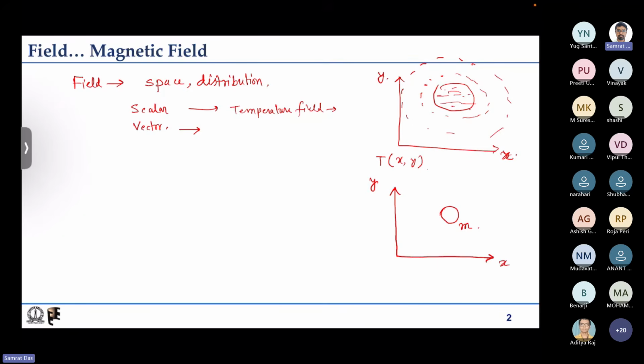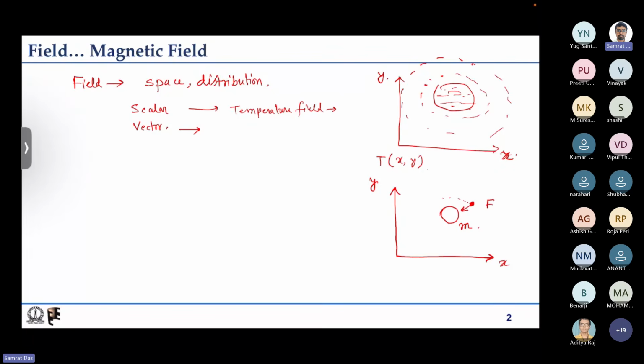If there is some mass, that mass will attract the other masses by certain force, and that force will be quite strong nearby the object, and it will decrease as you go away from the object. And at any point, there is some gravitational force that any unit mass will experience, and there is a direction to the force also, so it will be towards the body.